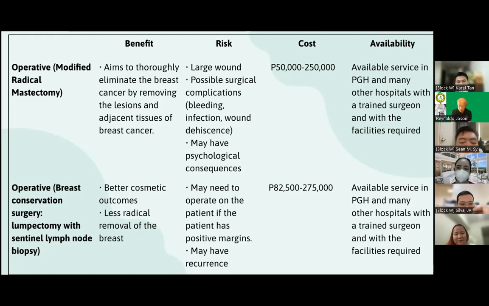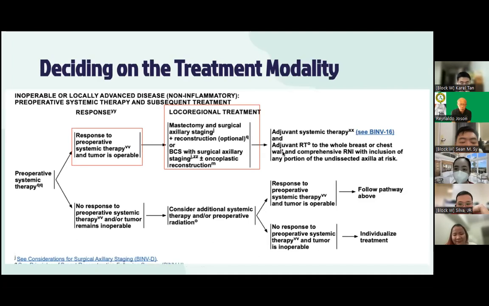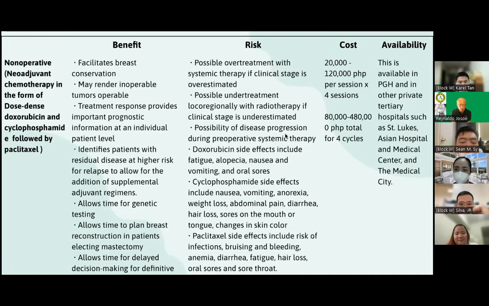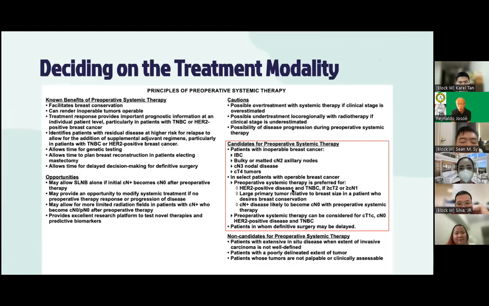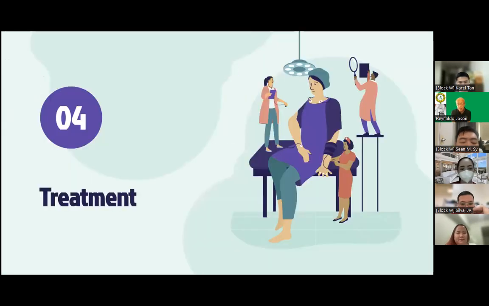Now, among the four parameters that I mentioned in terms of guiding you in making a decision in problem-solving, BRCA, as a priority, you put on the B, the benefit, then the risk, then the cost, then availability, in that order.